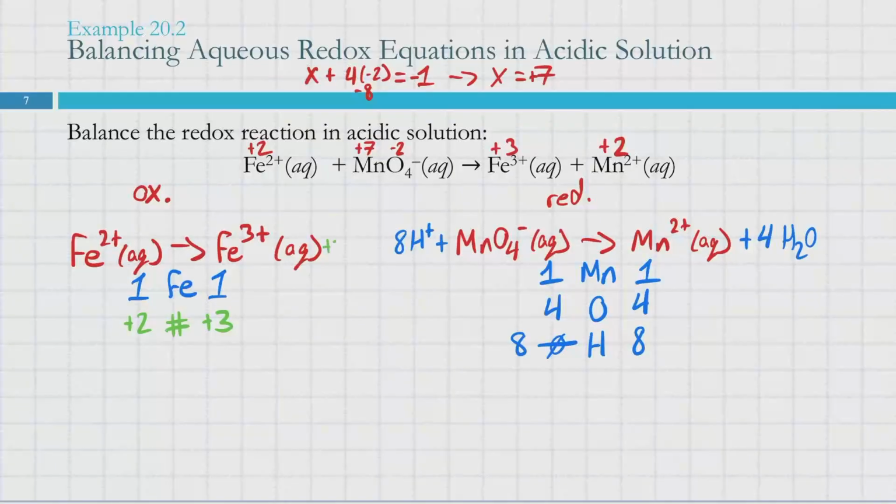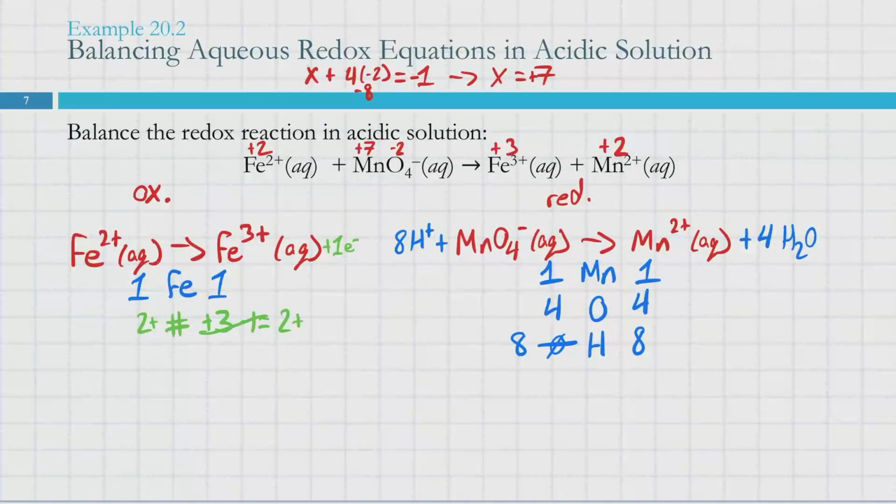So we're going to add 1 electron to the right side because our electron has a minus charge. 1 minus, 3 plus. This brings us down to 2. Drawing my pluses and minuses on the wrong side. Whatever, they're balanced.